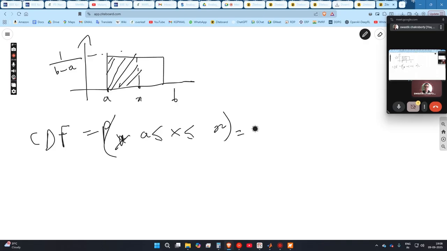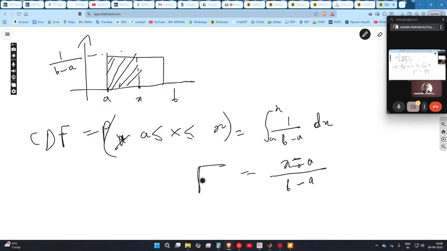So it is the integration from a to x of 1 by b minus a, the density function, into dx. So it is ultimately x minus a by b minus a. This is the CDF or capital F(x).